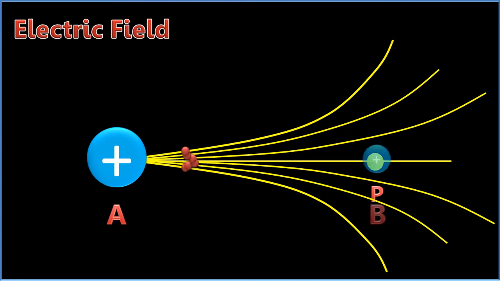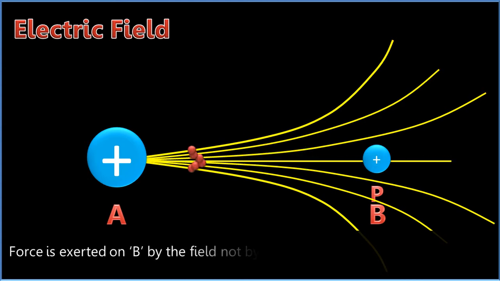When a body B is placed at point P and experiences force F, we explain it by the point of view that force is exerted on B by the field, not by body A itself.